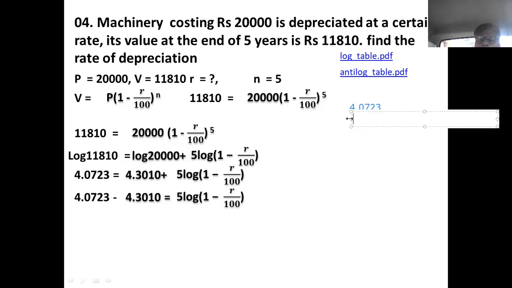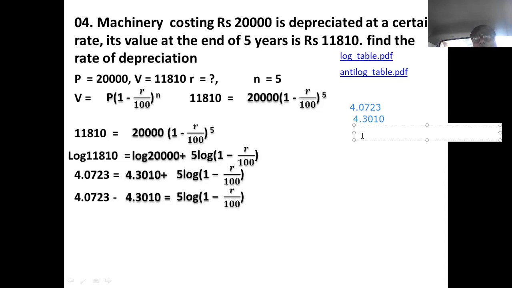Then the second term is 4.3010. If you deduct it, what happens? You see here. First 3 comes. Then next is 2 minus 1, 1. Next is 7 minus 0, 7.